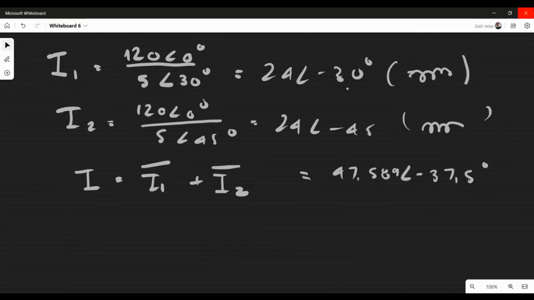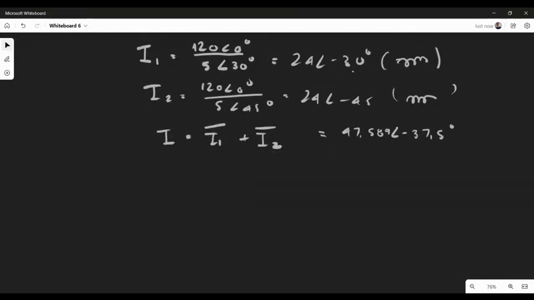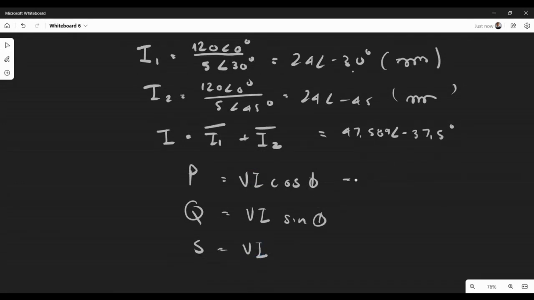Okay, cool. That's correct. Are we all happy with this? Now the next step is for you to find your real power, your reactive power, and apparent power. So VI cos phi, VI sine phi, and obviously V times I. Our total voltage was 120.